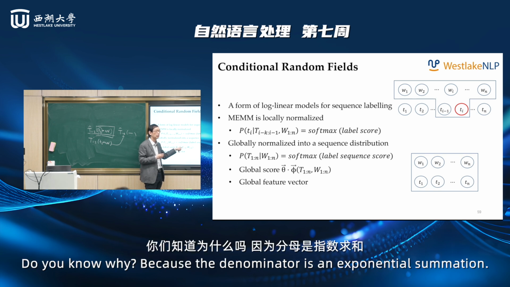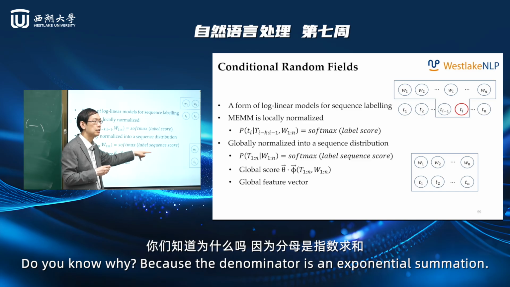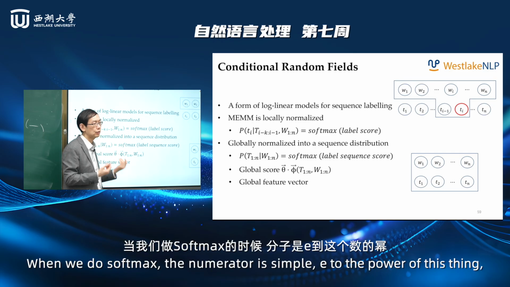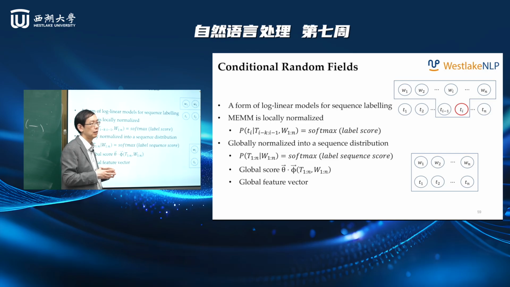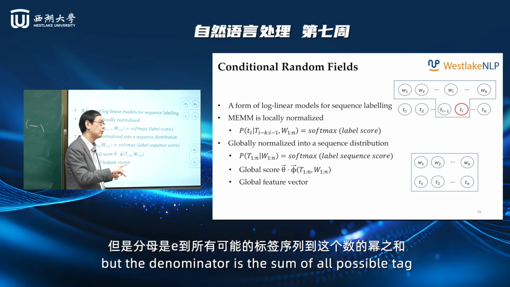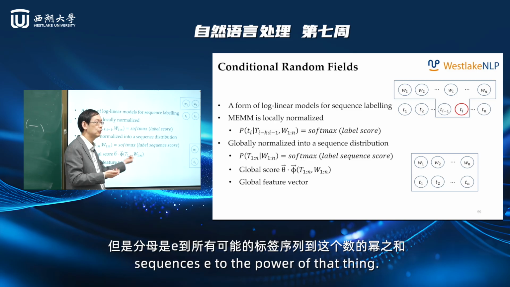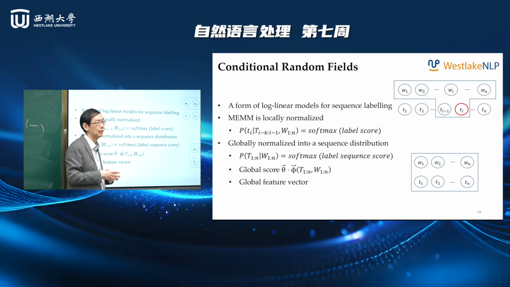Okay, but this seemingly naive softmax function is not so simple. Do you know why? Because the denominator is an exponential summation, right? When we do softmax, the numerator is simple, e to the power of this thing. But the denominator is the sum over all possible tag sequences of e to the power of that thing, okay?